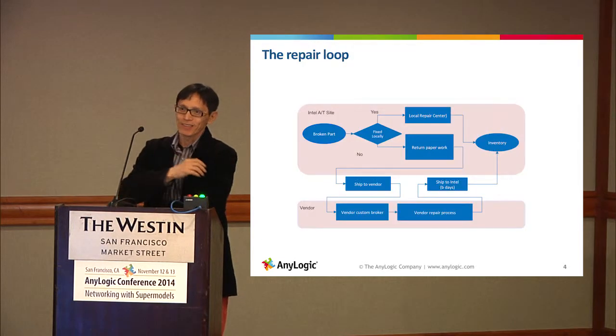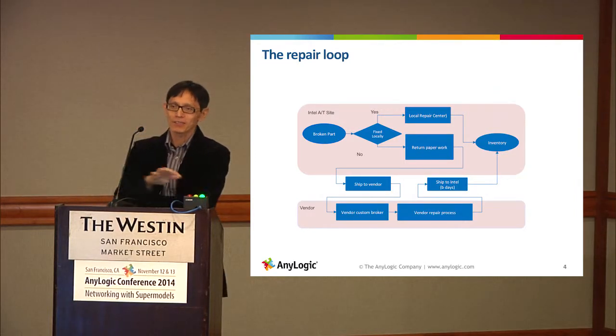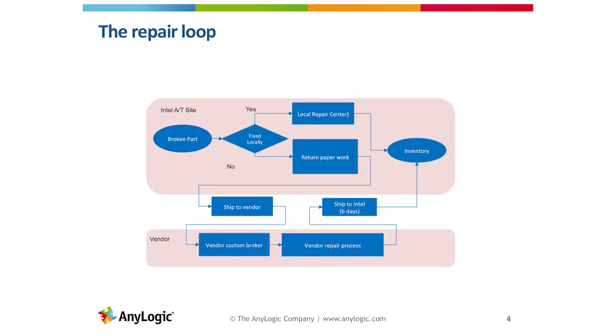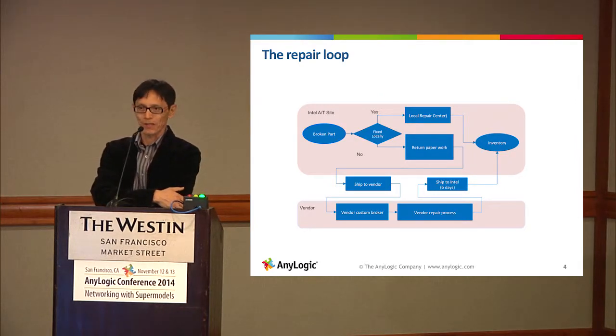So next, the commodity manager shows us the graph. This is the flow of what a failed part will go through. When the part fails, a decision is made whether they can fix it locally and return it to inventory as a usable part, or they have to ship it back to the supplier.